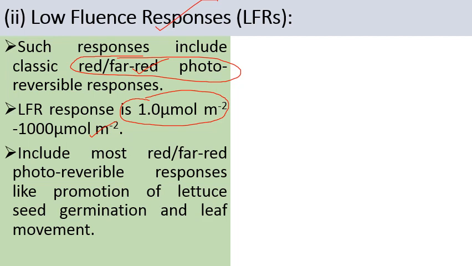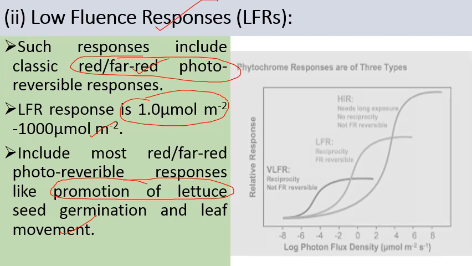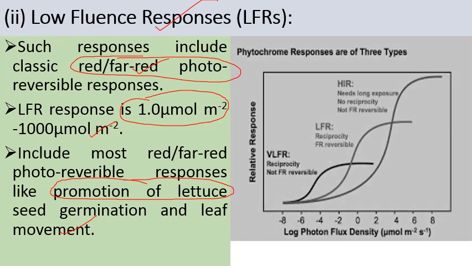It includes most red and far red photoreversible responses like promotion of lettuce seed germination and leaf movement. So this low fluence response can be reversed. So it is interconvertible. It can be reversed with FR light, that is far red light.